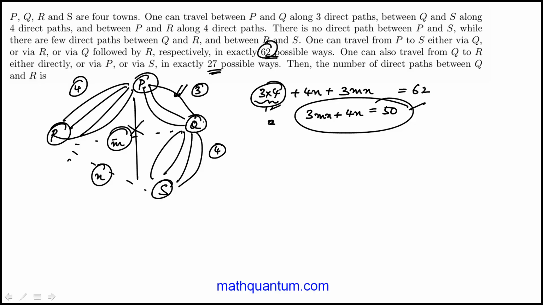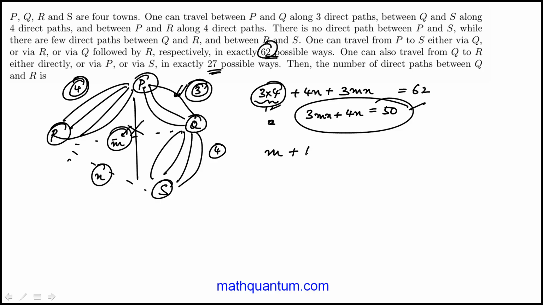You can travel from Q to R either directly, which is m number of ways. That's what I defined. Or via P or S. If you go through P, that would be 12, because that's 3 and 4.